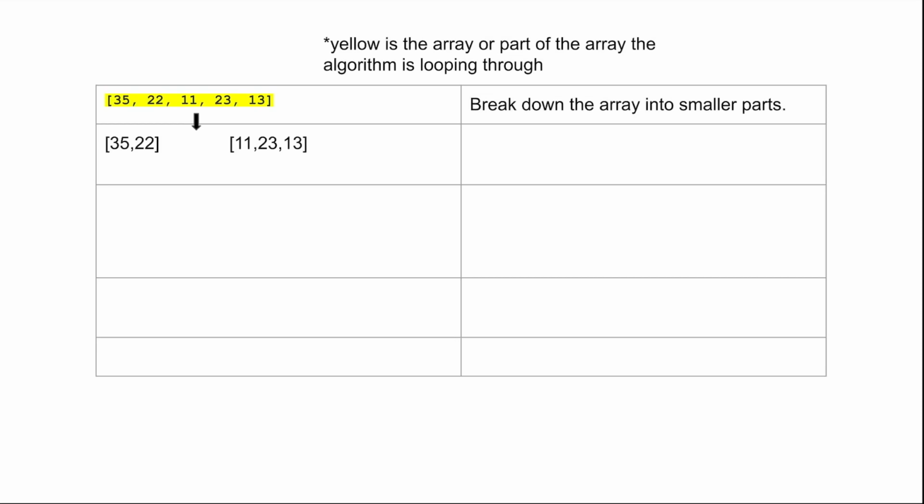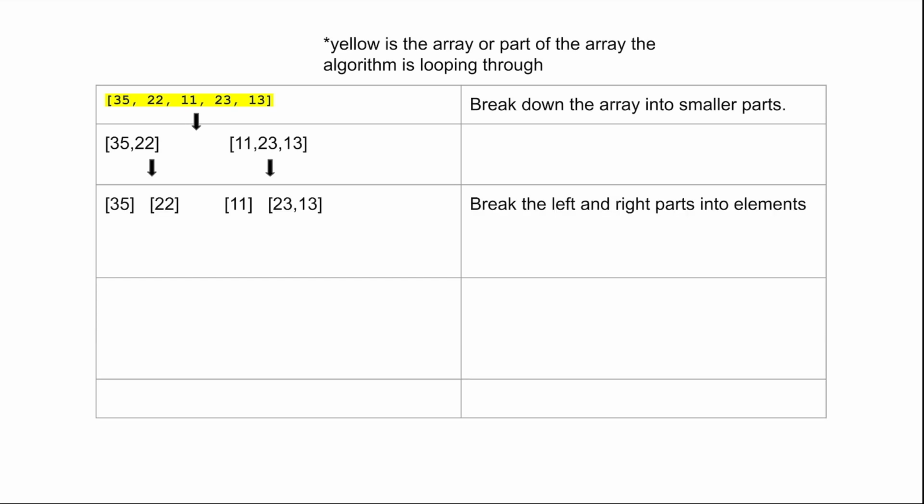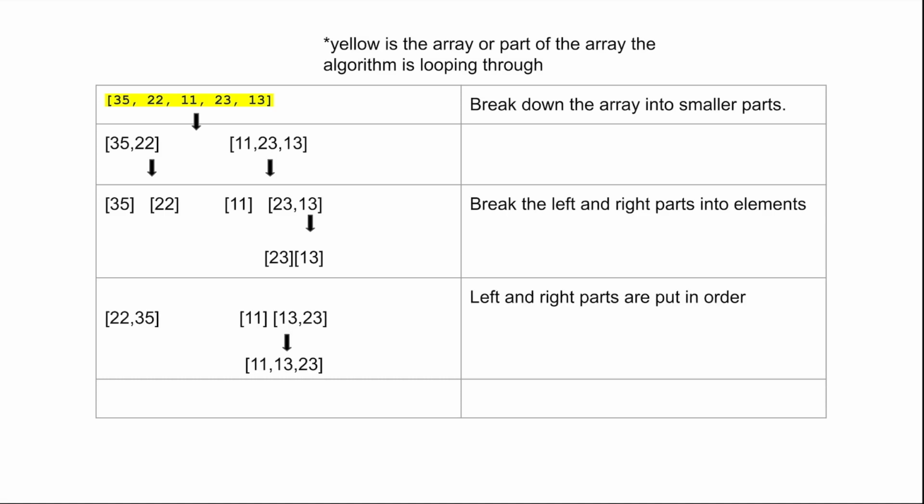Now let's go over the general overview of how merge sort works. First, the array is going to be broken down into two parts. And it's going to be recursively broken down into two different parts until there are single elements. And now the merge function is going to be called, and 22 and 35 are going to be returned from the left side of the array, and the right array is going to return 11, 13, and 23.